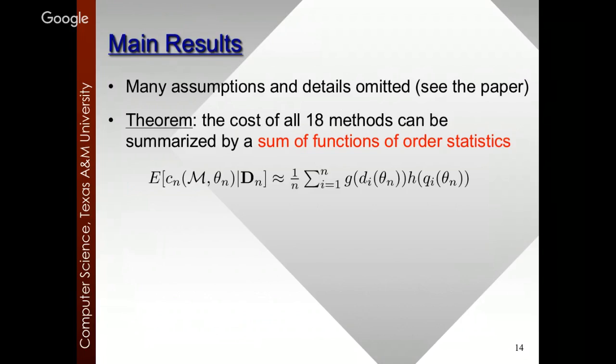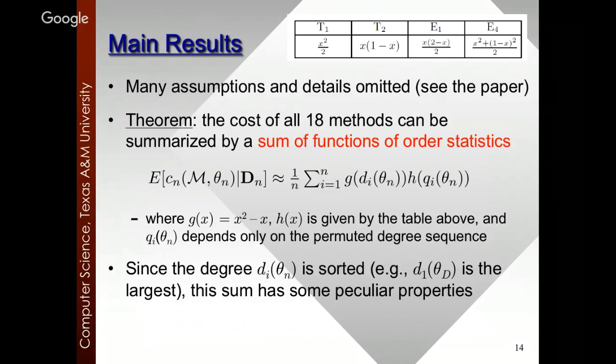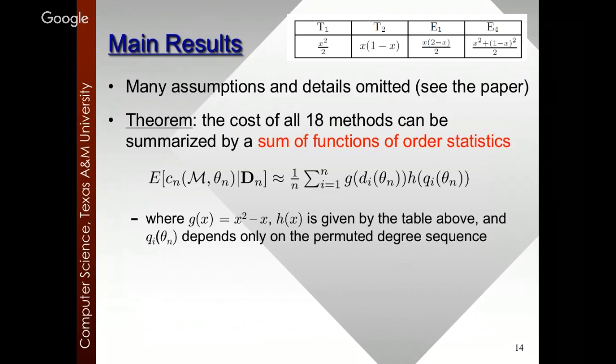So our main result: the cost of each method can be summarized by a sum of functions of order statistics, where g(x) is a universal fixed function for all methods, while h(x) is given by the table above and depends on the specific algorithm that you're going to use.